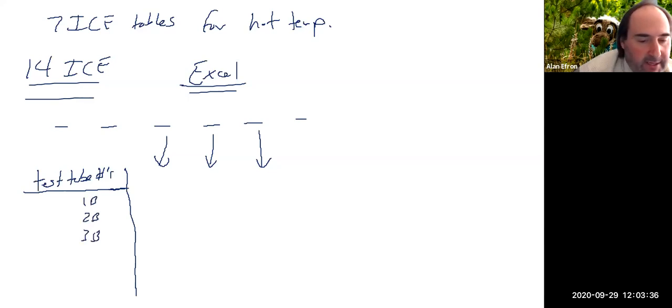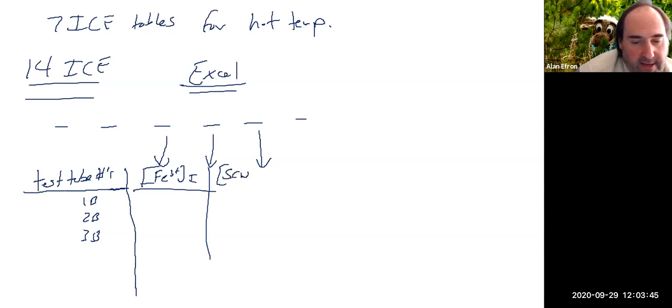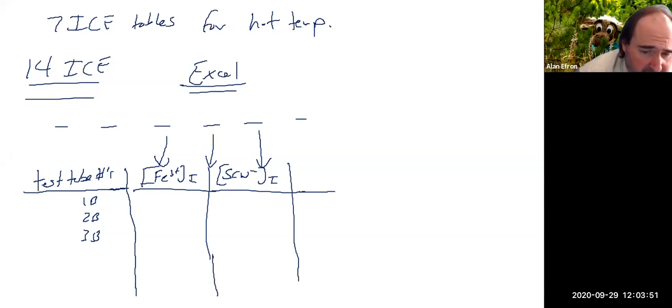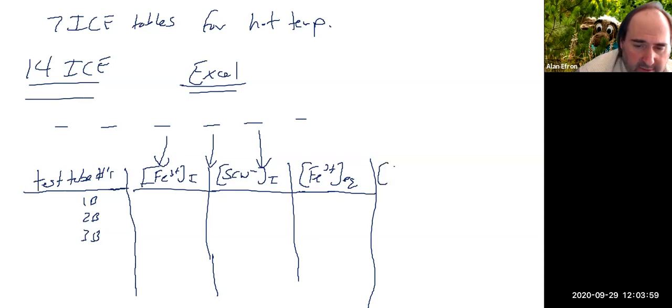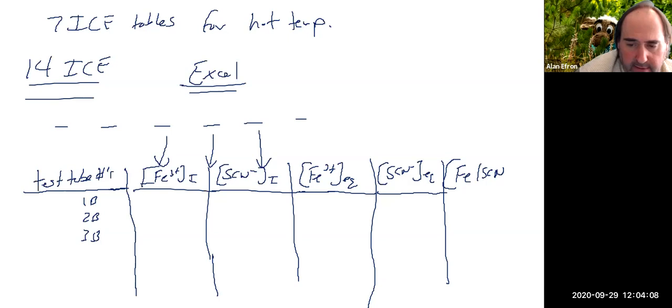You probably will want the initial concentration of your Fe3+, the initial concentration of your SCN minus, a column with the equilibrium concentration of your Fe3+, your SCN minus at equilibrium, and the complex ion at equilibrium. And remember that this is essentially X in the ICE table.